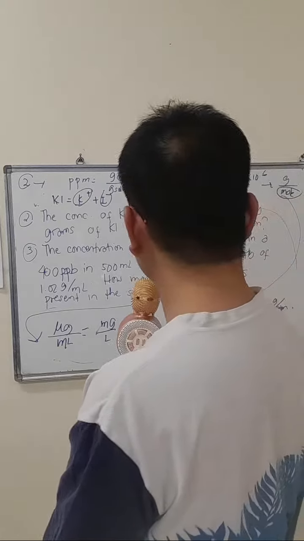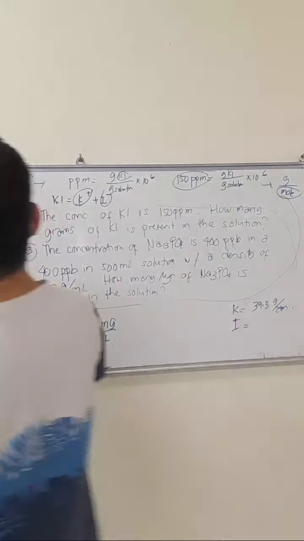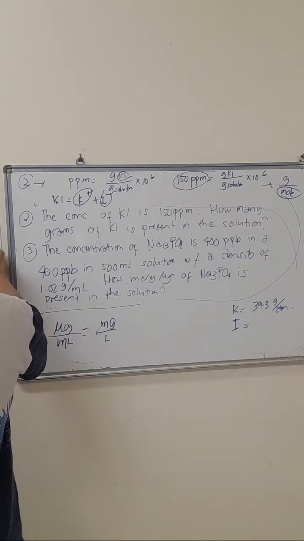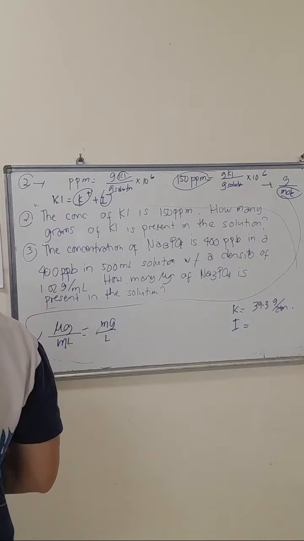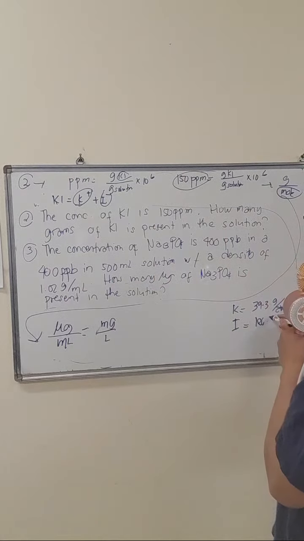And then iodine, from the halogen family, like fluoride, chloride, iodine, group 7A. It's going to be 126.9 grams per atom.